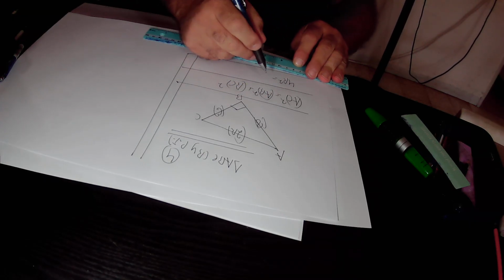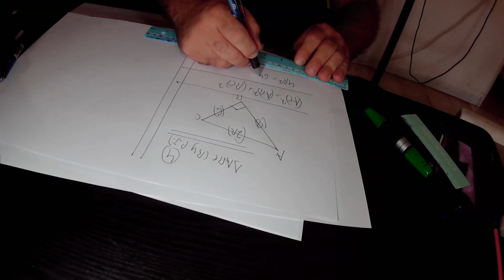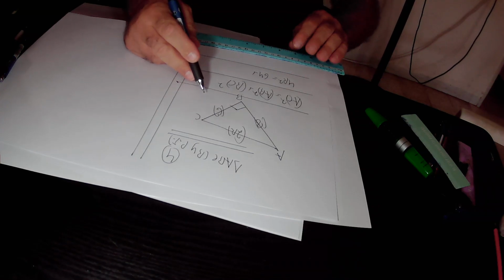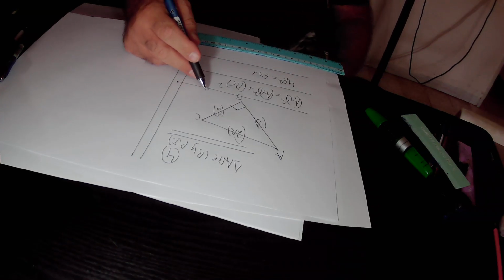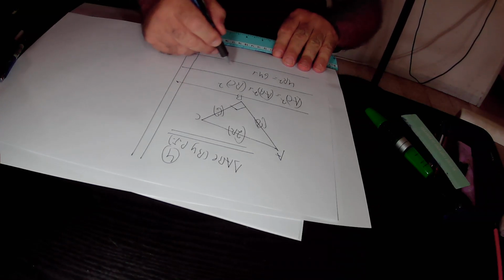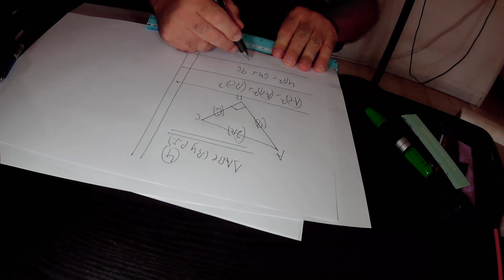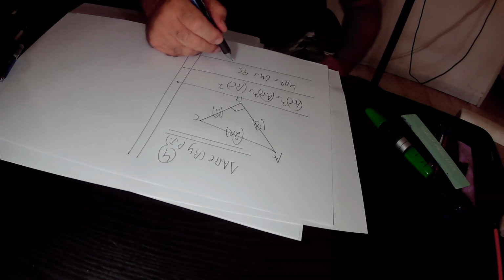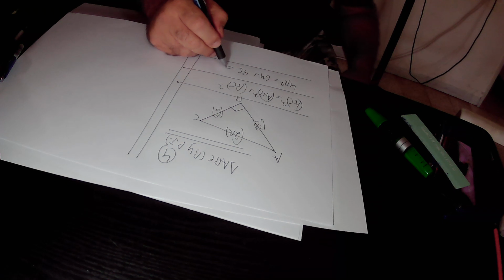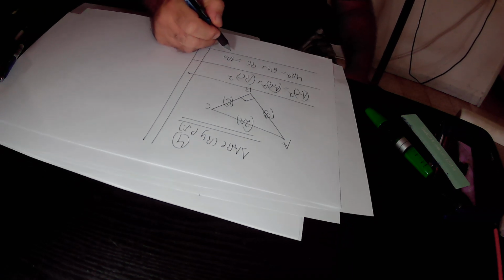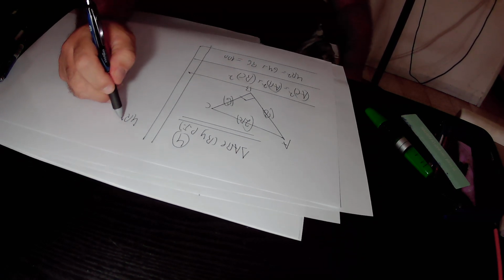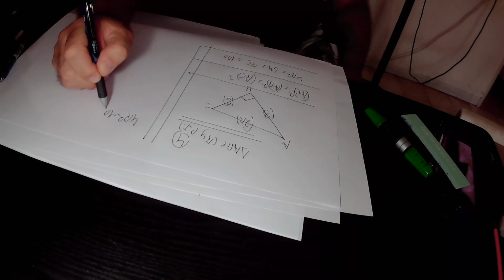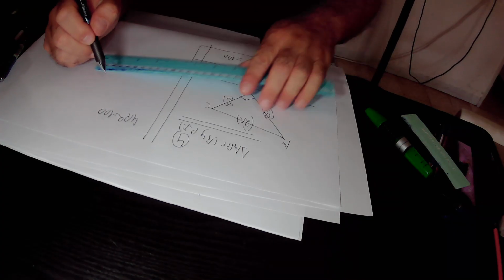AB is 8, therefore AB squared is 8 squared, that is 64, plus BC squared. BC is 6, therefore BC squared is 6 squared, that is 36. 64 plus 36 is 100. So in total we find that 4R squared equals 100.